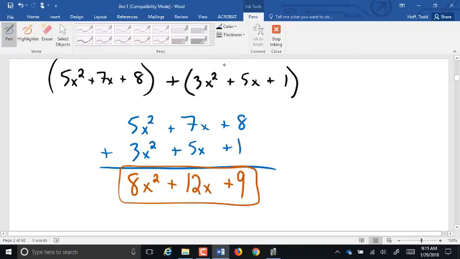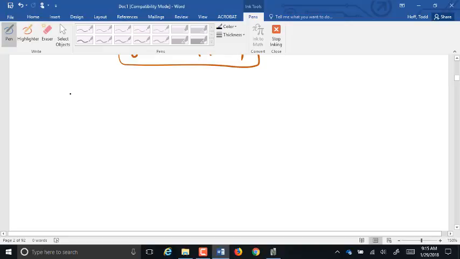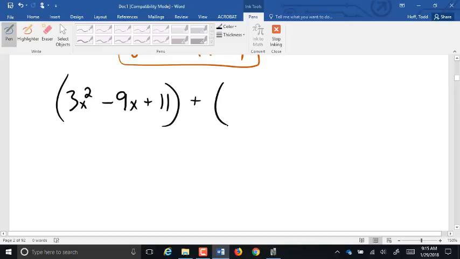Now, of course, the big difference is that individual digits can be positive or negative on their own. We can have 3x squared minus 9x plus 11 plus 2x squared plus 5x minus 8.